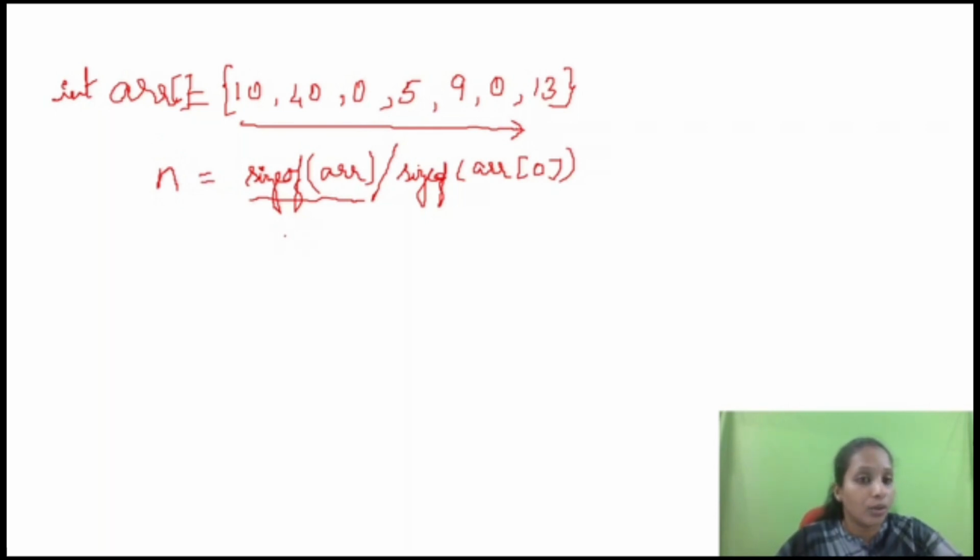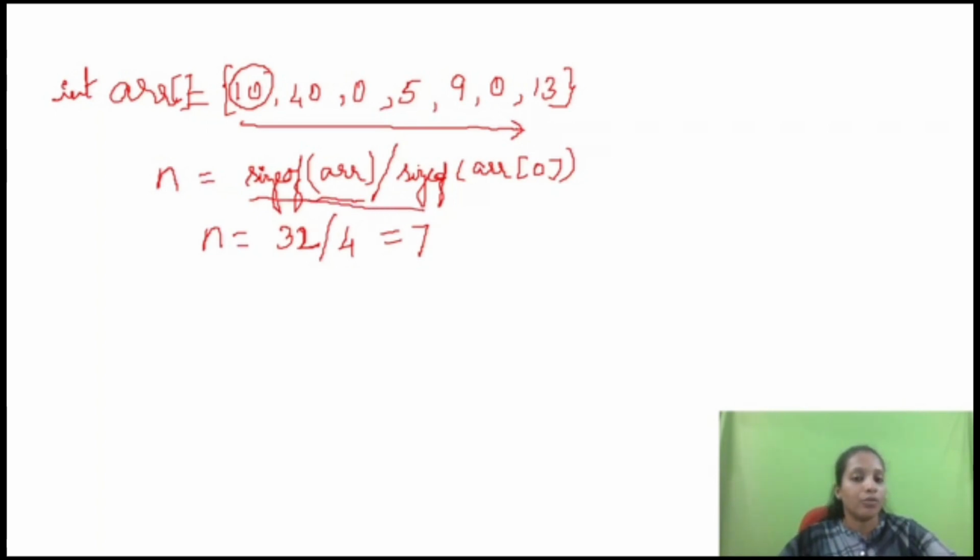So 7 4s are 28, so it should be 28 divided by the size of the array of 0, which is 4, equals 7. So n is equal to 7. This is how you find the value of n.